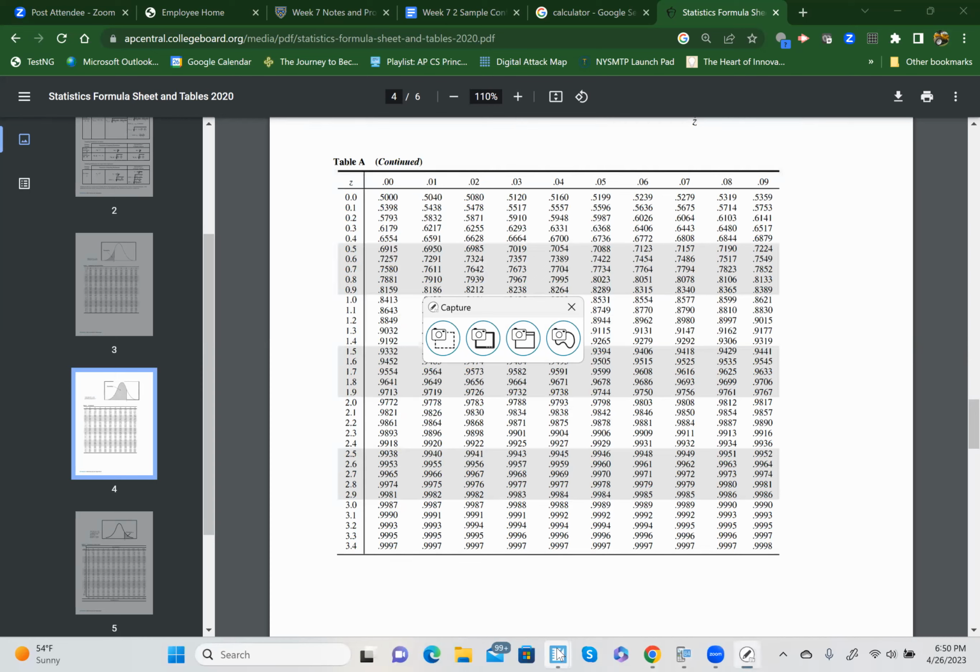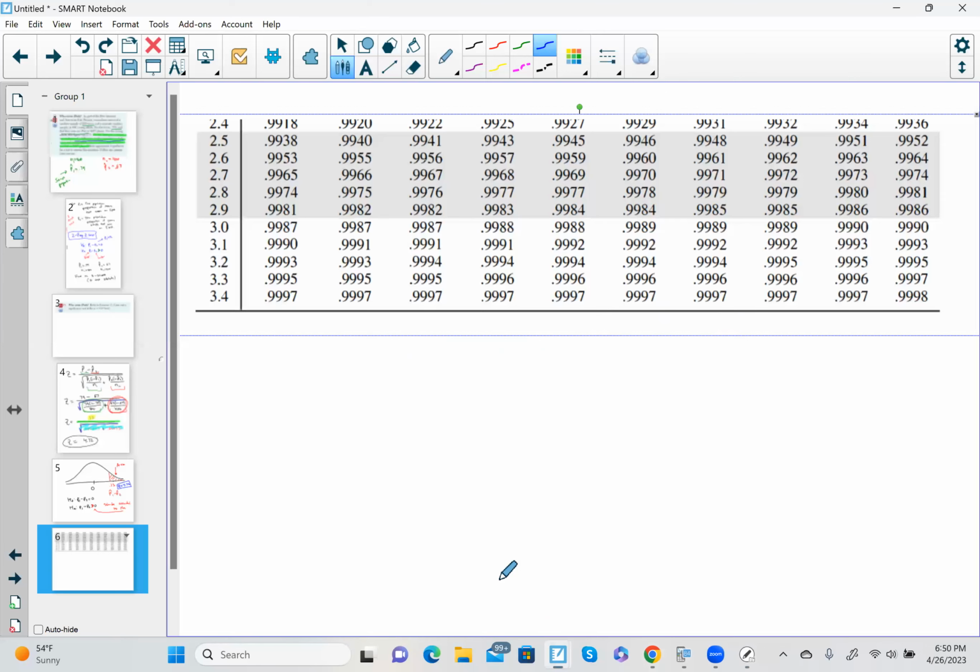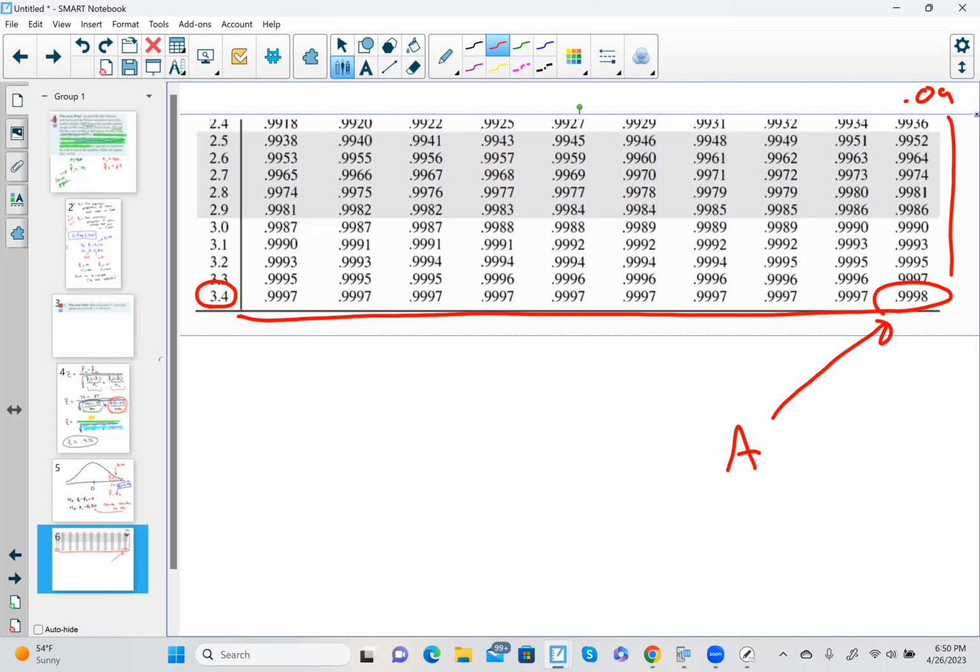So I'll put this in my notes here. You'll notice the biggest number I see at the bottom is 3.4. And then over here would be like 0.09. So if I go across and down, that area, which is 0.9998, corresponds to a z-score of 3.49.